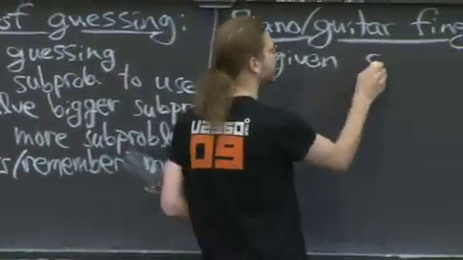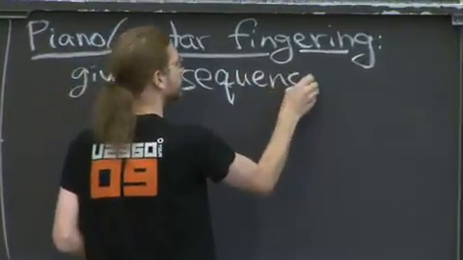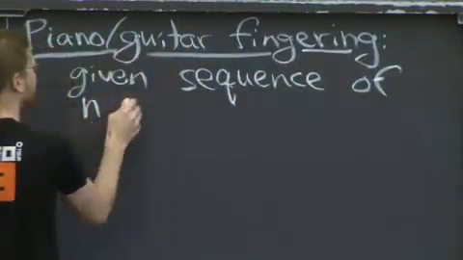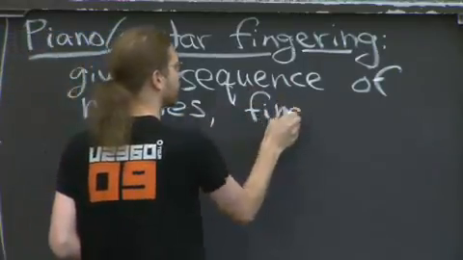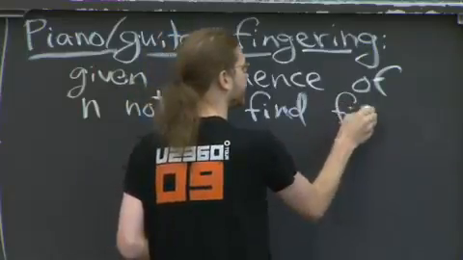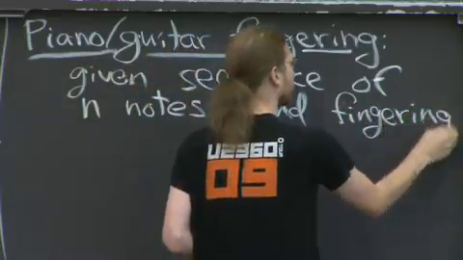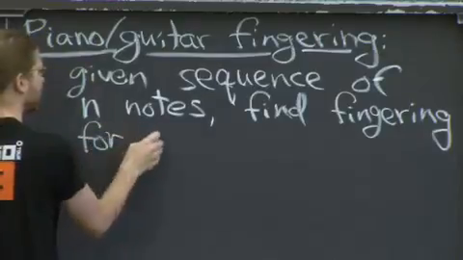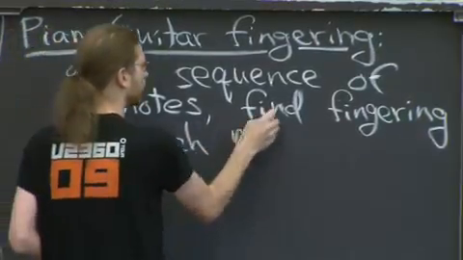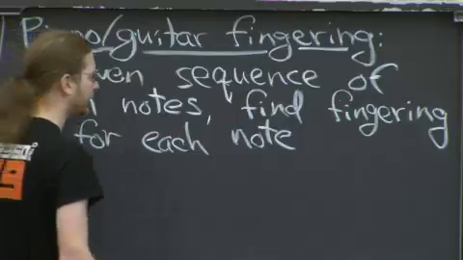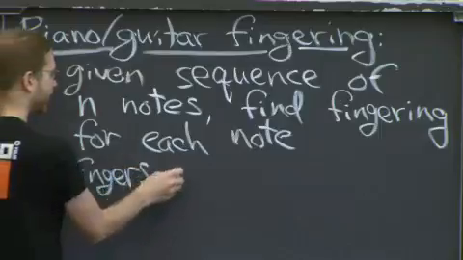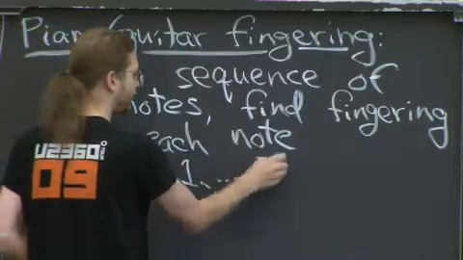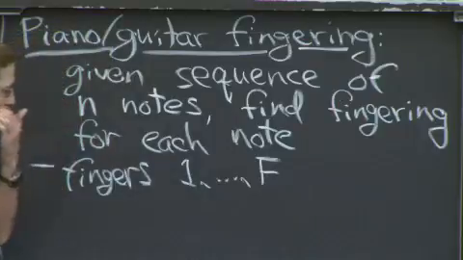So let's say we're given a sequence of n notes we want to play. And we want to find a fingering for each note. So let's say I'm going to label the fingers on your hand 1 up to F. For humans, F is 5 or 10, depending if you're doing one-hand or two-hand stuff.